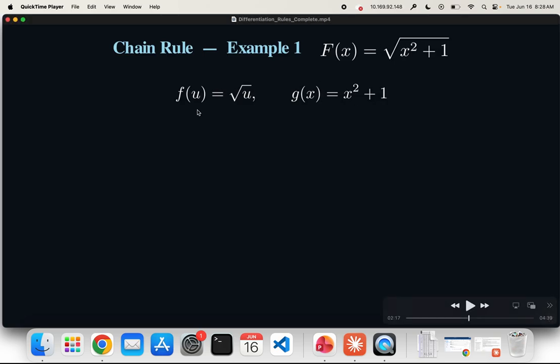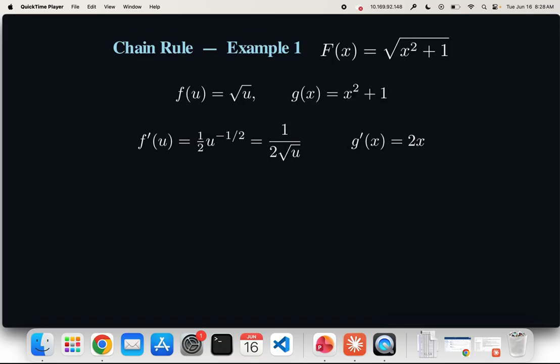One way to think about this is that the inner function is the u function. So this x squared plus 1 is the g function. And the outer function, the letter f, is the square root function. So one way of doing this is to differentiate the outer function separately from the inner function. You have to do two derivatives. You have to differentiate the outer function. You have to also separately differentiate the inner function.